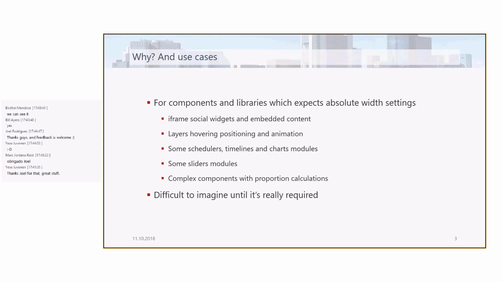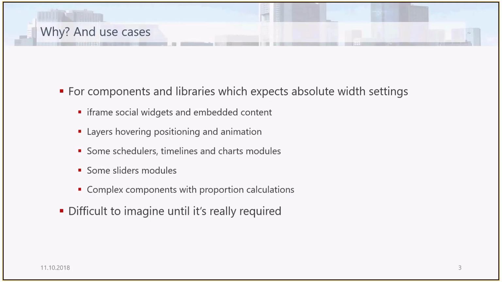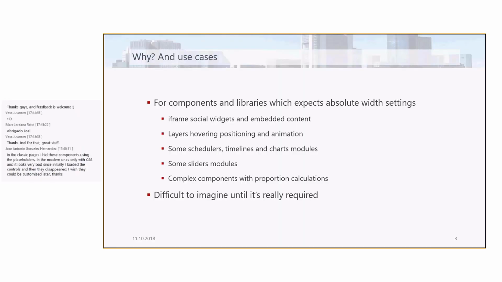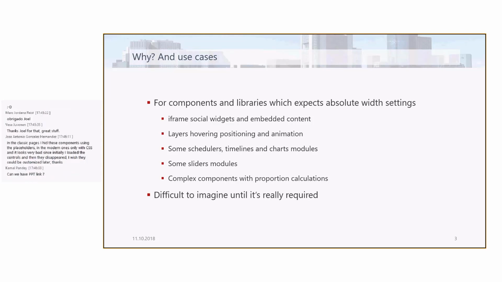For instance, different social widgets, embedded content based on iframes, and some complex components which calculate their proportion and also rely on absolute dimensions, different layers with hovering animations. Well, to summarize, I would say that sometimes it's difficult to imagine the situations when we need this, but when it's actually required, it brings a lot of problems.